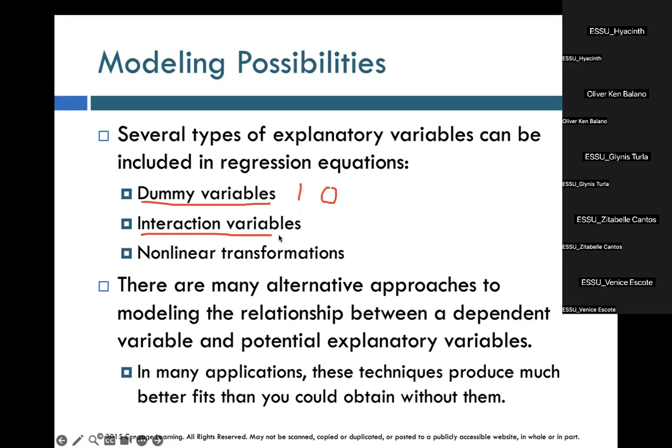Or interaction variables, which come from multiplying one x variable with another x variable. That is a kind of multiplication, okay? The interaction variable means you have the multiplication of variables.